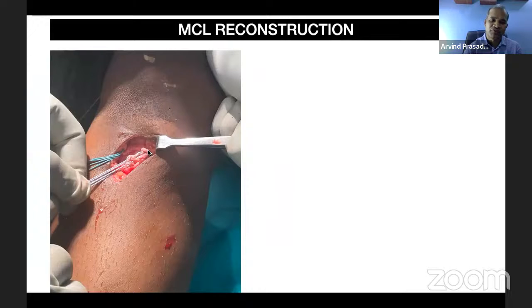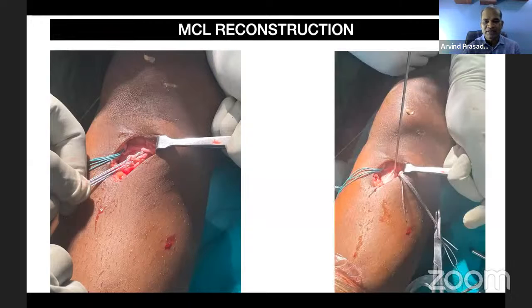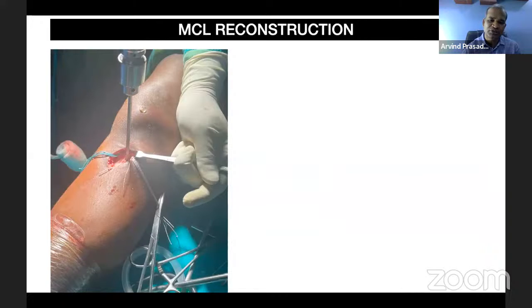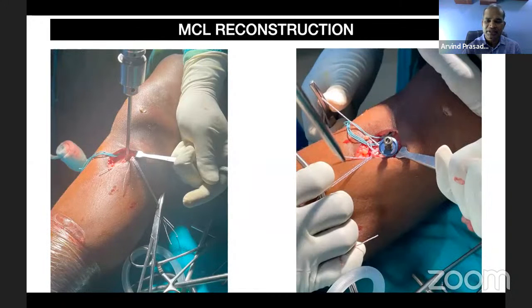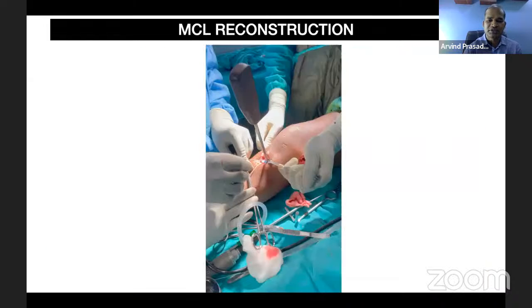Usually it is around 4 to 6 centimeters below the joint line. And this is again with the help of this bead pin, which gets removed with the 4 mm reamer, and then a spike washer is passed, and both the strands get crossed over this spike washer, and this gets finally tightened.